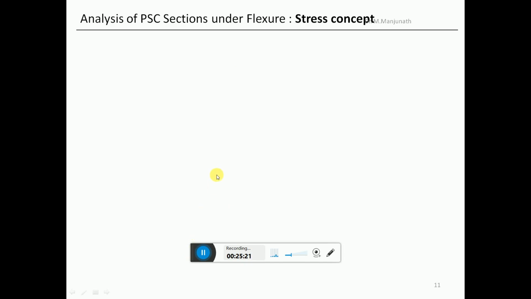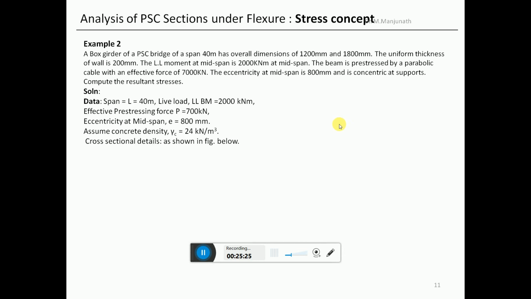We will take up one more example. So the example is like this. A box girder of a PSC bridge of span 40 meter has overall dimensions of 1200 mm and 1800 mm. The uniform thickness of wall is 200 mm.